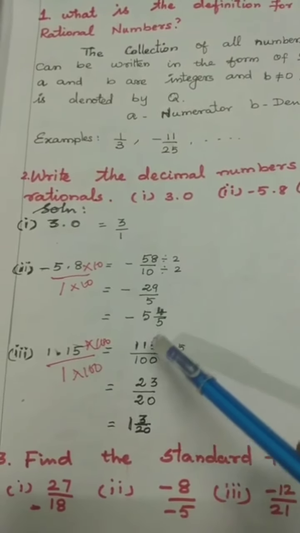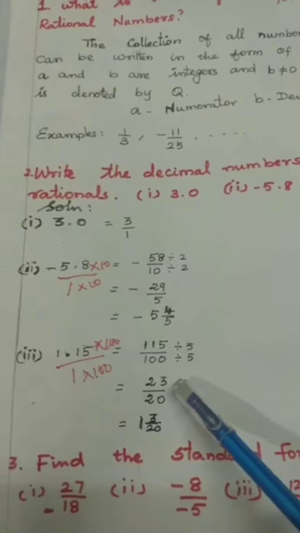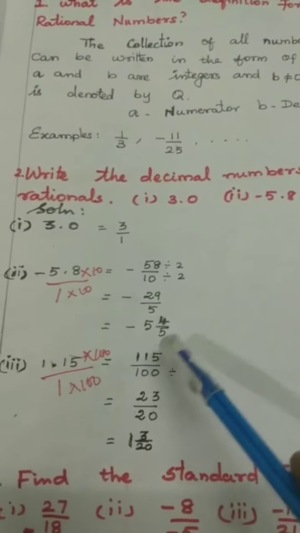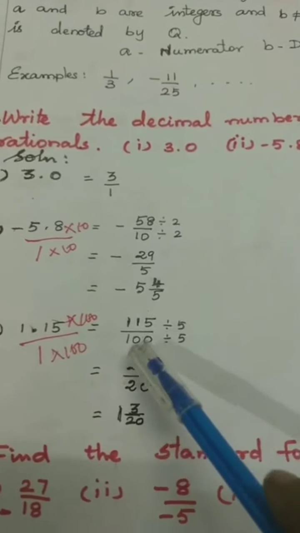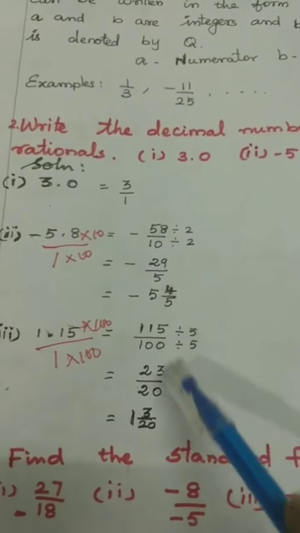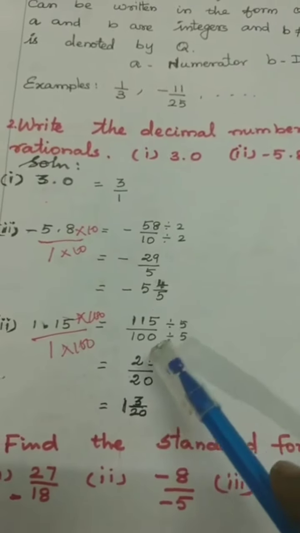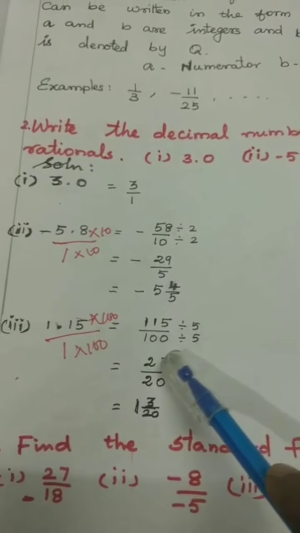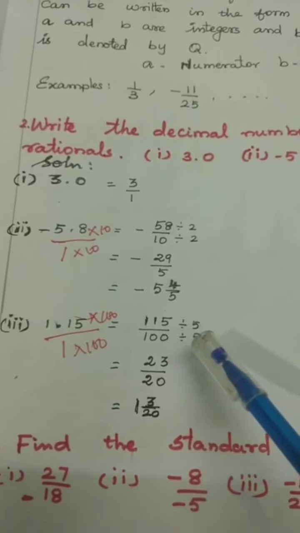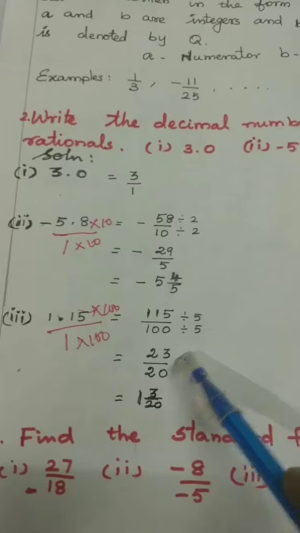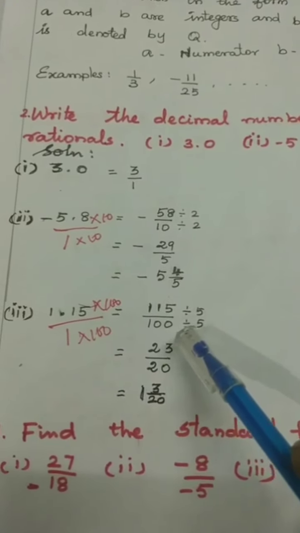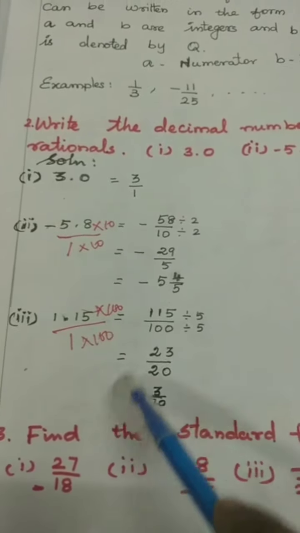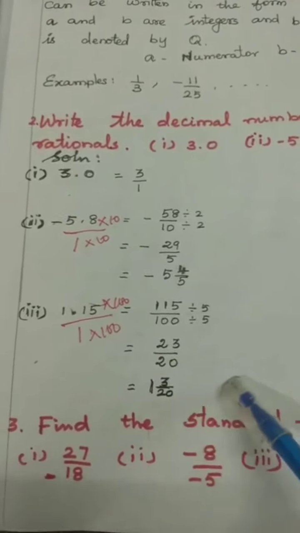So 5 5s are 25, 23, and 5 4s are 20. It is in the form of an improper fraction because the numerator is greater than the denominator. So we can write it in mixed fraction: 1, remaining 3 by 20.